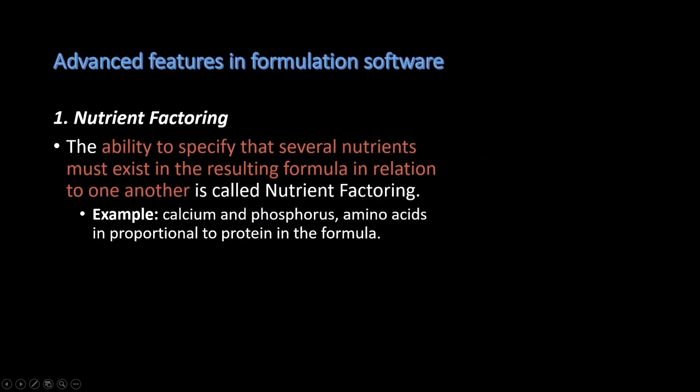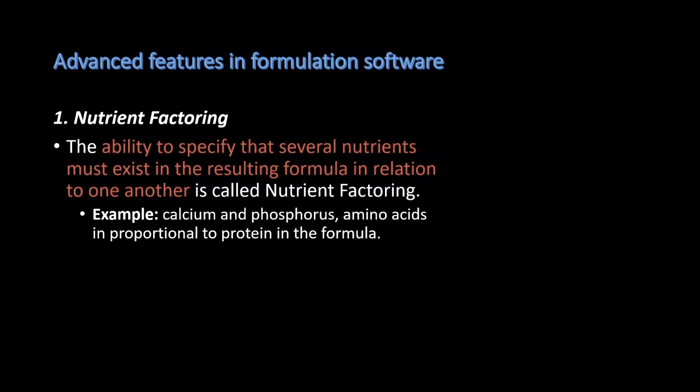So there are some advanced features which are available in feed formulation software. Number one is nutrient factoring. Nutrient factoring means we can fix a ratio of different nutrients, like we can fix the ratio of calcium to phosphorus at 2 to 1. Then the software will always formulate a diet having calcium and phosphorus in a 2 to 1 ratio.